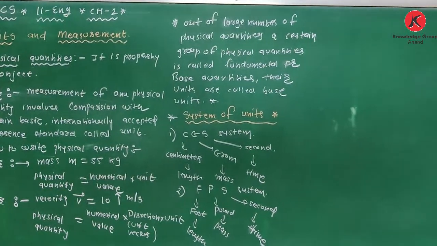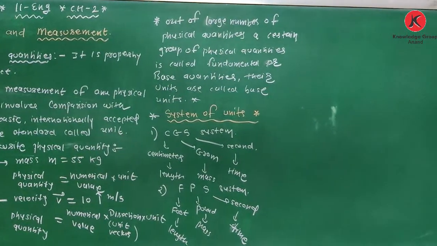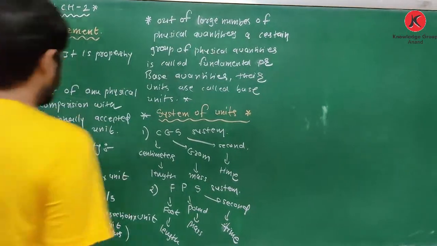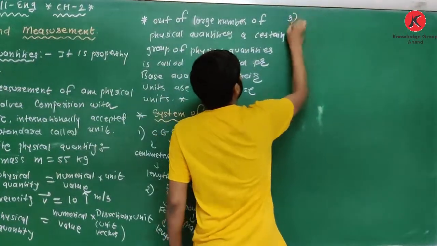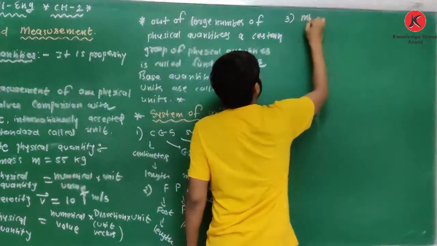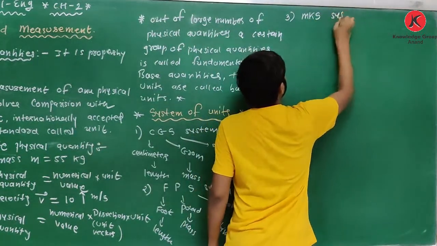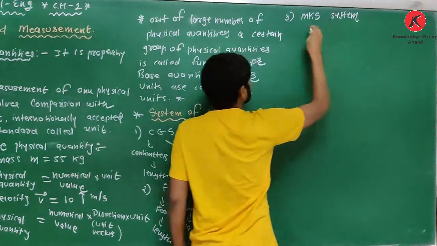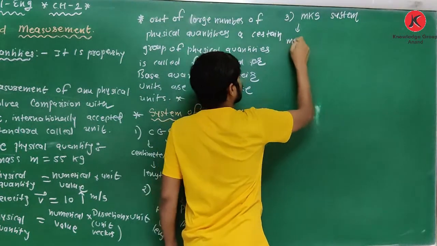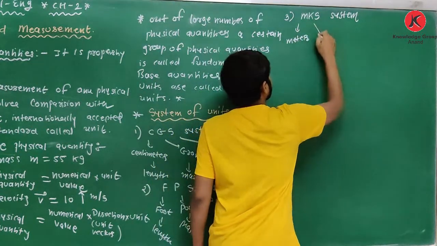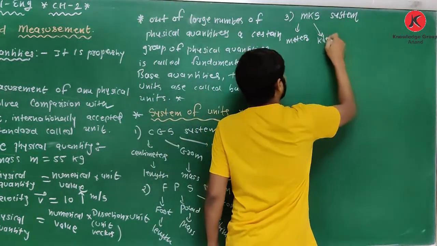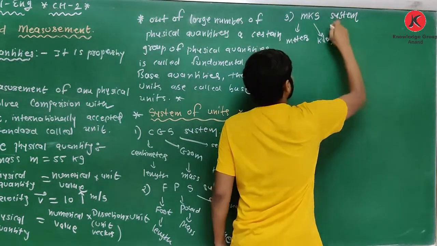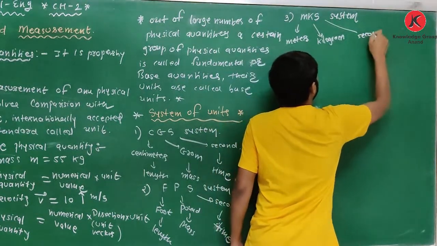The next system of units is, yes, the third one, that is MKS system. Here M stands for meter, K stands for kilogram, and S stands for second.